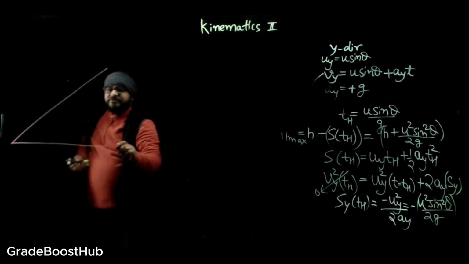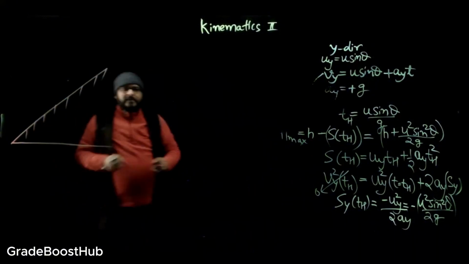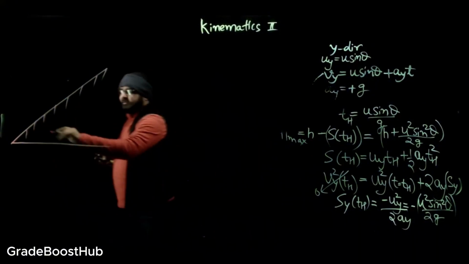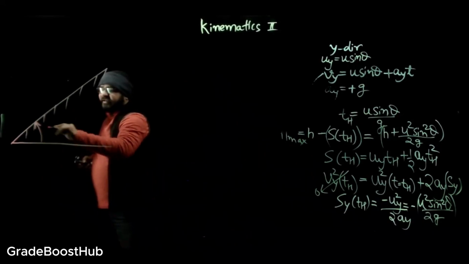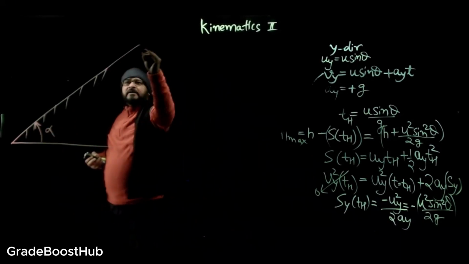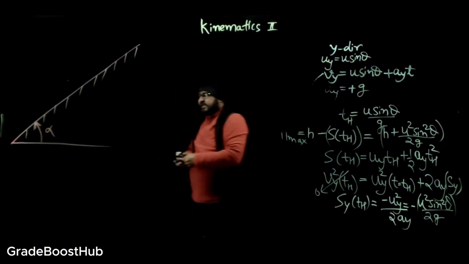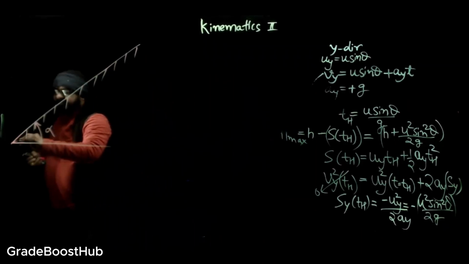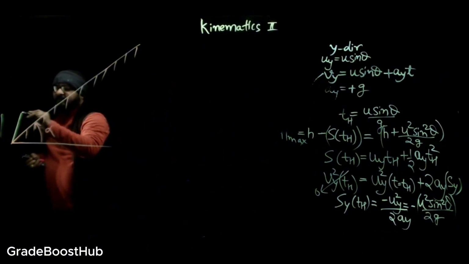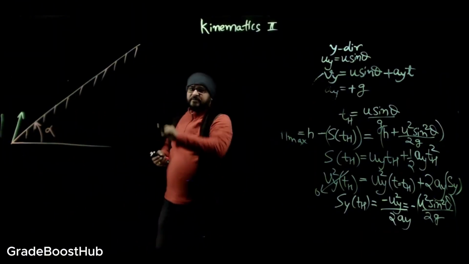Suppose now I'm interested in projectile motion over an inclined plane. Suppose this plane is inclined by an angle alpha, right? Now I have a projectile and I throw it in exact same manner as before. In Kargil war, they were fighting with the terrorists at the mountain.